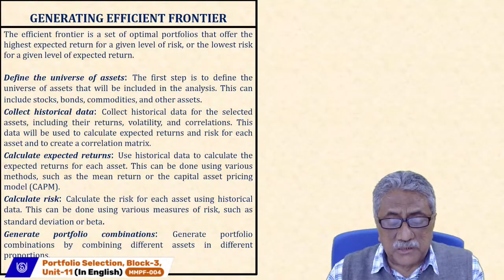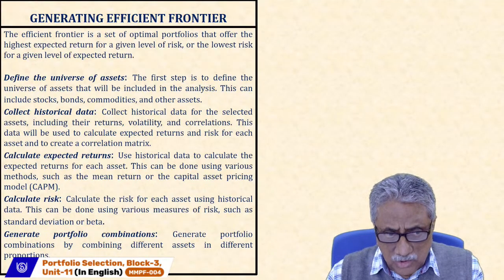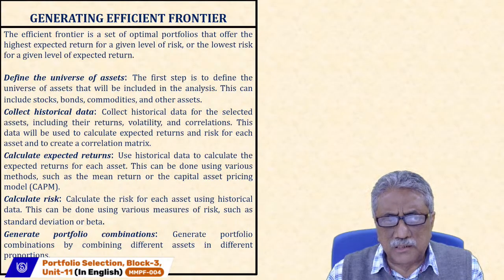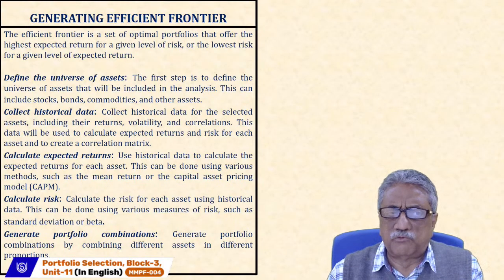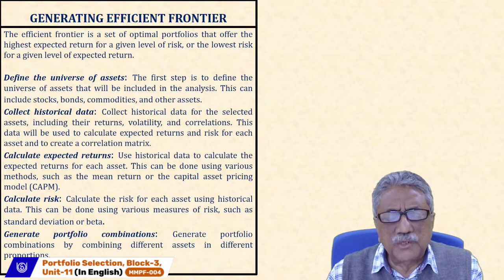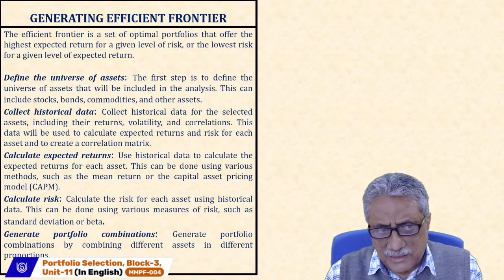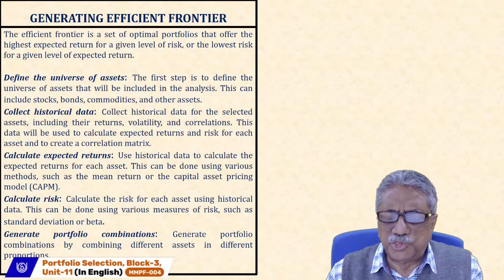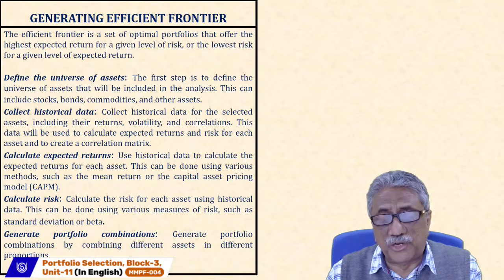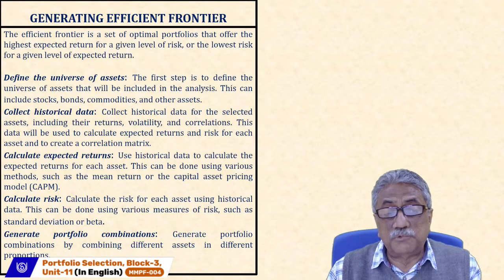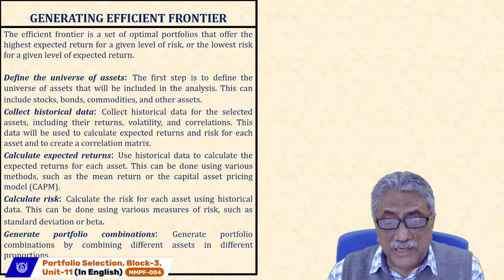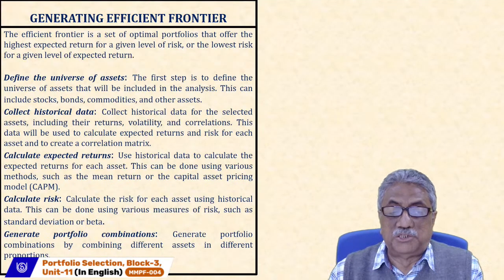General portfolio combination. Having done all these things step by step, you have decided the range of assets on which you will focus. You have collected historical data. Based on the past data and the future, you have collected expected return. After that, you have done a study on the risk you are taking, and finally, you have to do the portfolio combination.